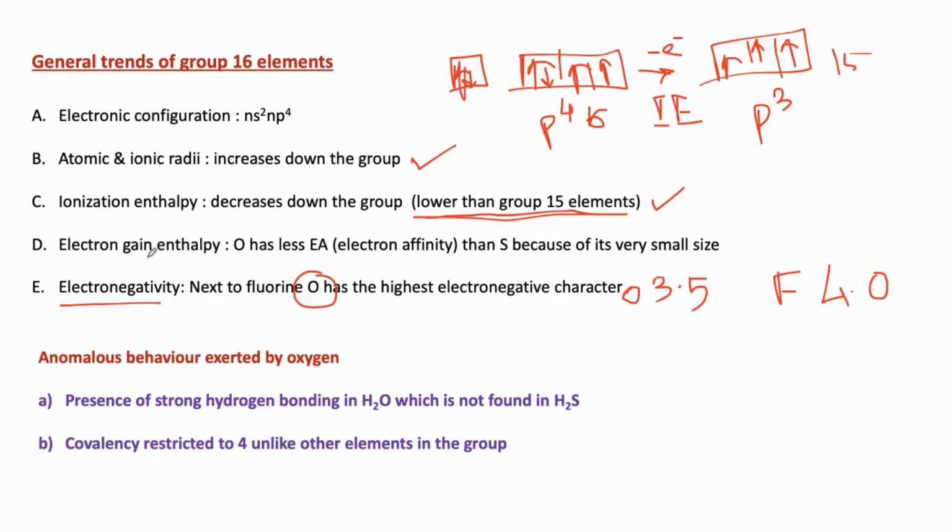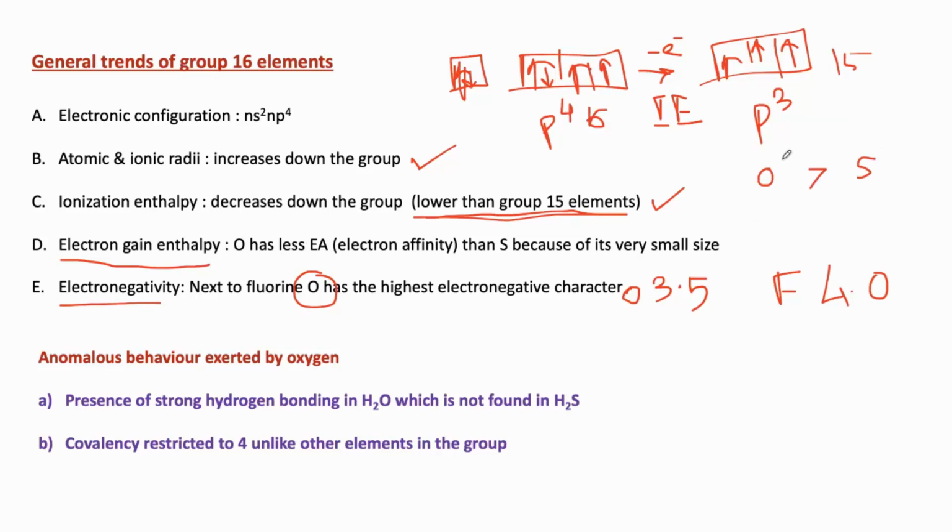And another factor comes into the picture, that is the electron gain enthalpy. Now, oxygen atom has a less negative electron gain enthalpy than sulfur because of its very small size. You see, oxygen atom is more electronegative than sulfur. Oxygen has a higher electronegativity than sulfur. Still, it is seen that oxygen has less electron affinity than sulfur.